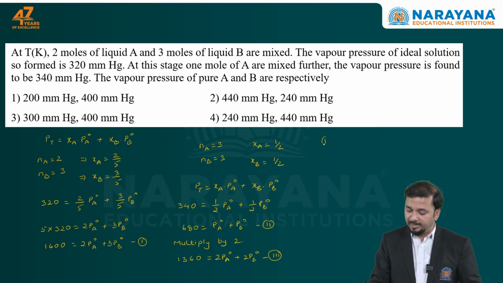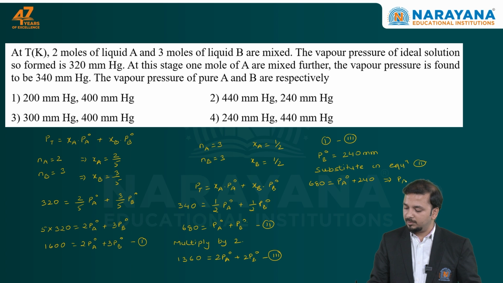Now if I do 1 minus 3, we will get PB naught equal to 1600 minus 1360, which is equal to 240 mm. And if I substitute PB naught in equation 2, we get 680 is equal to Pa naught plus 240, which means Pa naught will be equal to 440 mm. So the correct answer for this question is option 2.